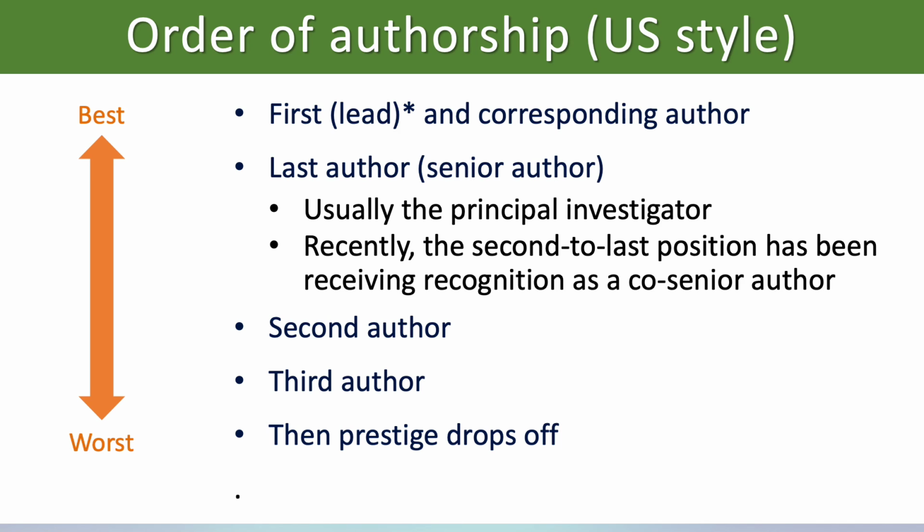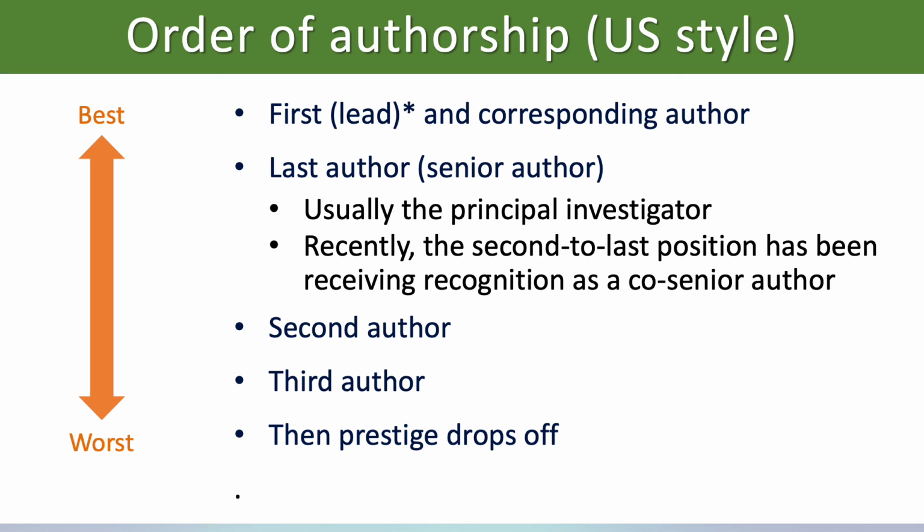The first author is the lead author, and this should be normally a junior researcher who has been leading the study and who has put most effort into it. Increasingly, there can also be co-first authors if there is collaborative research between high and low middle-income country institutions, and if multiple people have put a lot of effort into the study.